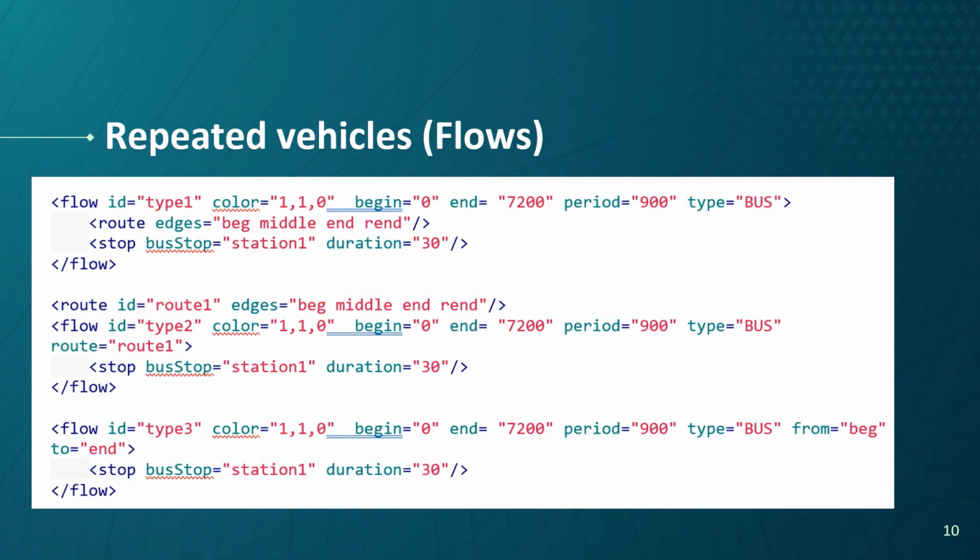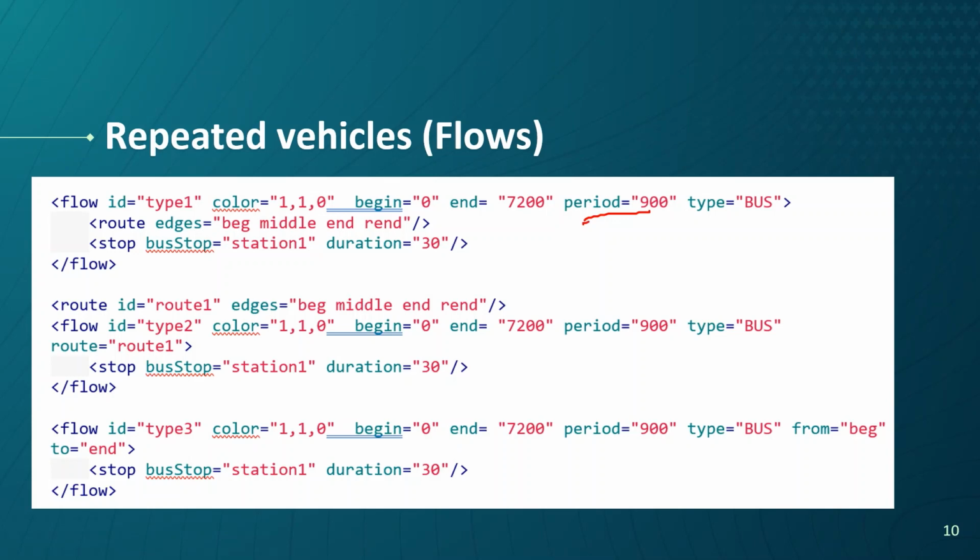Well, one of the popular ways of creating demand elements in SUMO is using the flow definitions. It is possible to define repeated vehicle emissions, flows, which have the same parameters as the vehicle or trip definition, except for the departure time. The vehicles are distributed either equally or randomly in the given interval.